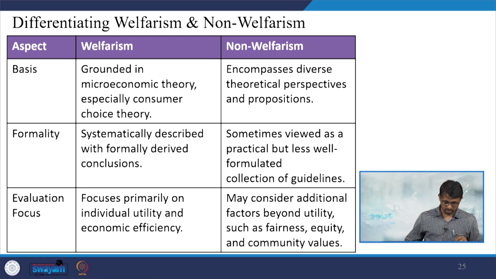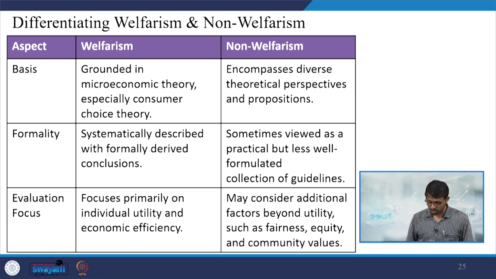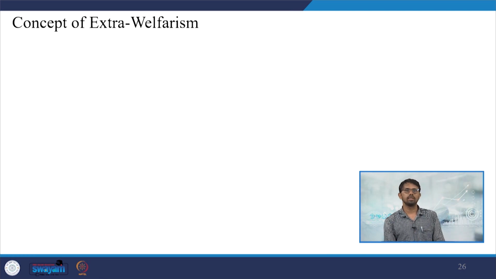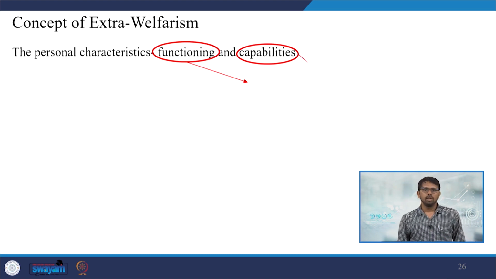Coming to evaluation, even this chapter will be focusing on evaluations. The welfarism perspective focuses primarily on individual utility and economic efficiency, whereas the other one may consider additional factors beyond utility, such as fairness, equity, community values, etc. Another important concept in the literature is the concept of extra-welfarism, which is related to functioning and capabilities.